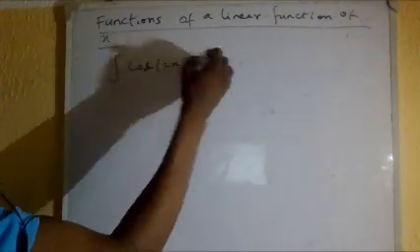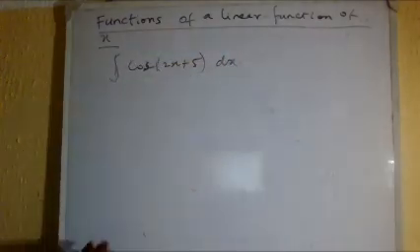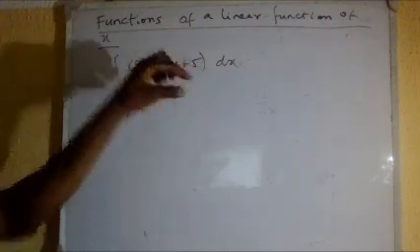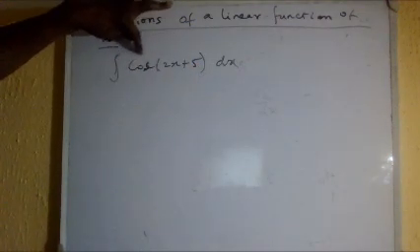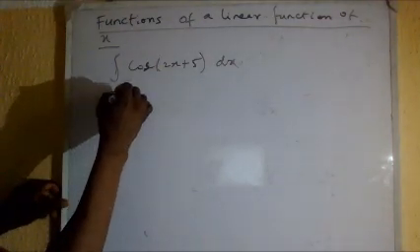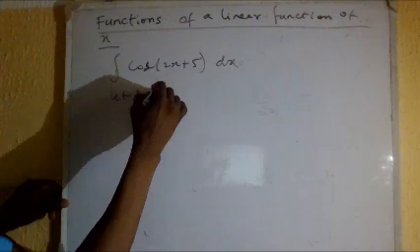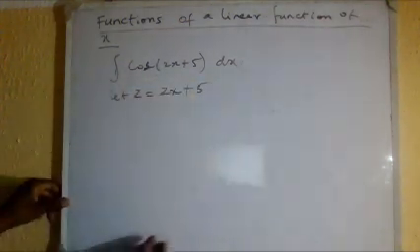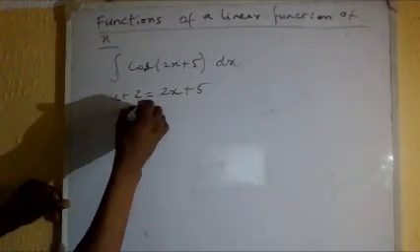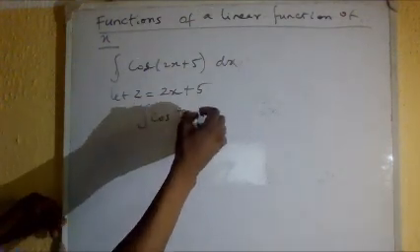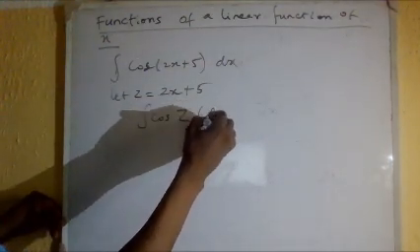This one too is the same thing. There's a linear function inside here, and then there's a cosine outside. So this can be written as, say, let z be 2x plus 5. All right, then the integral of cos z, then I will now invert dx dz, then dz.